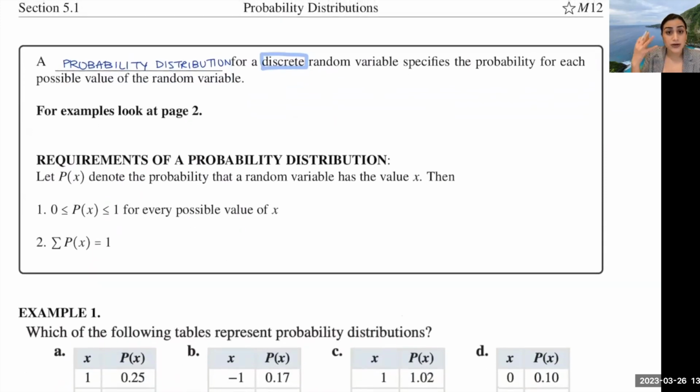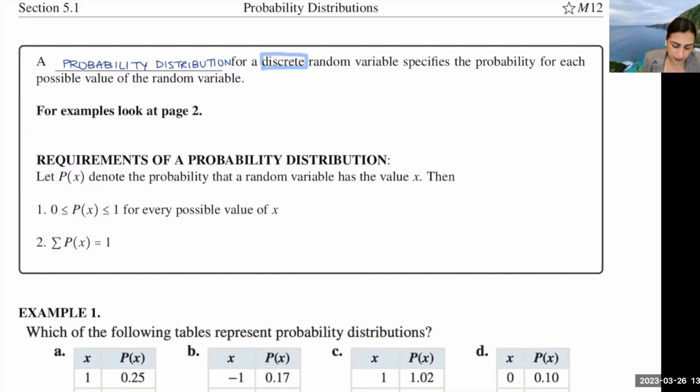Like I said, we've already talked about this. Relative frequency distributions are probability distributions. And so one of the requirements for us to have a probability distribution is that the probabilities always have to be between 0 and 1 inclusively. So again, it can be 0, it can be 1.